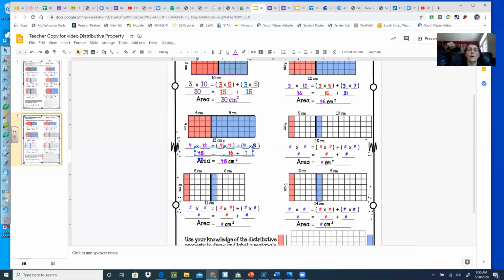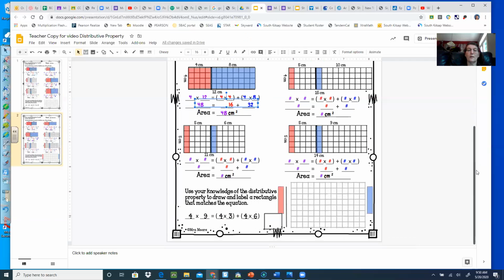Okay, so I did that one with you. You're doing these 3 on your own. I'm going to talk about this one on the bottom. Your first step is to make a 4 by 9 rectangle. So I grab this, 4 rows.